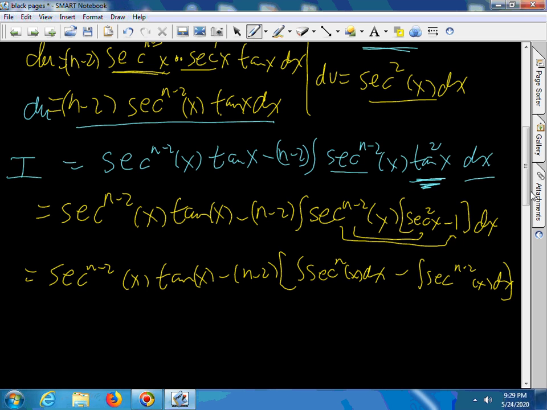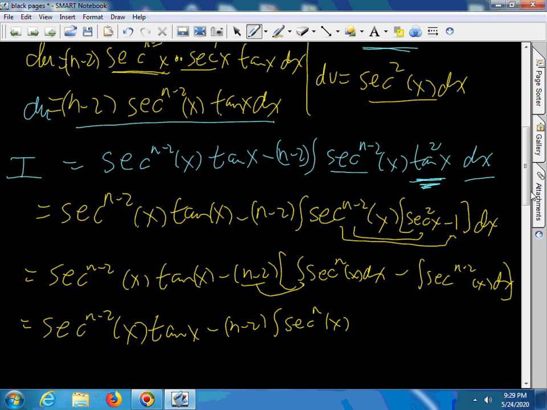Okay, I'm going to distribute the n minus 2, and then we'll finish up the proof. I hope you see what's going on. I distribute the n minus 2. I get back secant n of x dx. Minus minus becomes plus n minus 2 times this integral times dx.